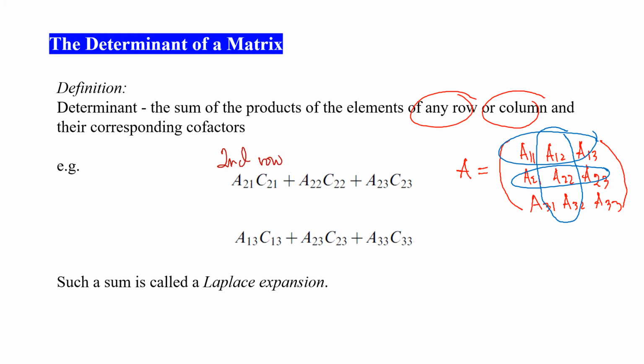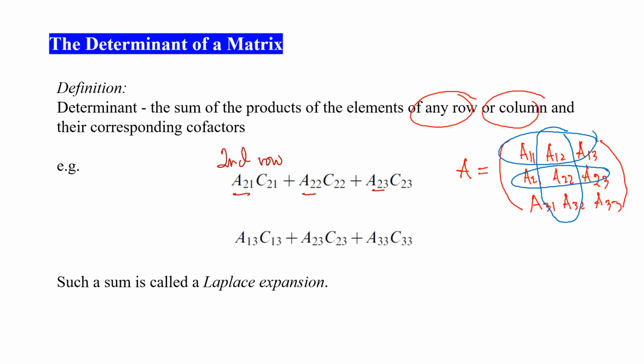Take note that the elements of the second row are A21, A22, and A23. We just randomly selected the second row, and the determinant is the sum of the products of the elements of the second row and their corresponding cofactors. So you have A21 times C21 plus A22 C22 plus A23 C23.